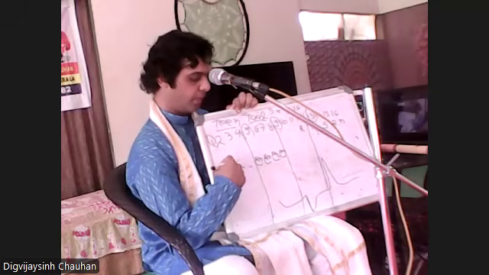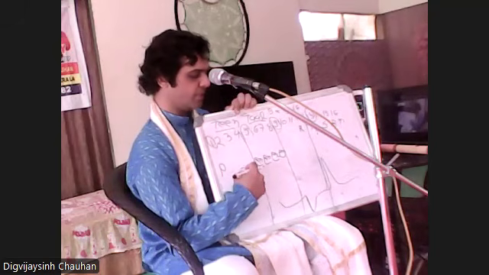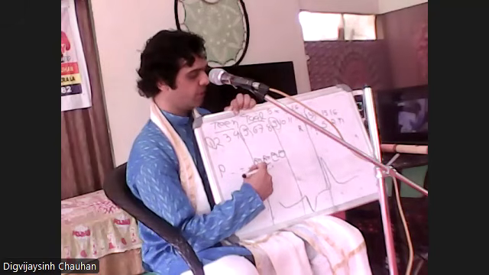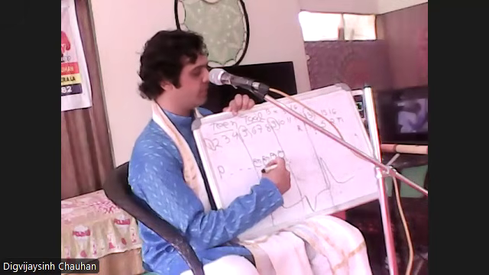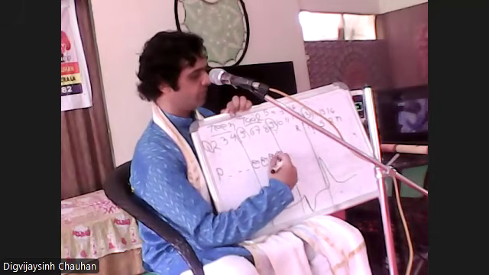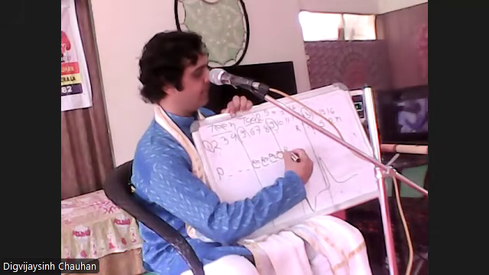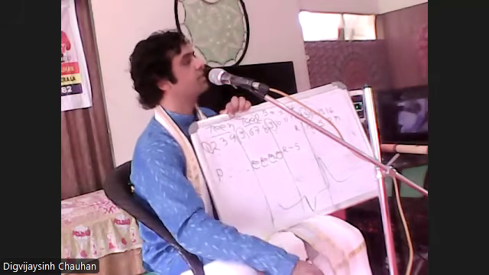So pa is extended further 3 beats, that is beat number 2, 3, 4. Beat number 5 is re ma, 6 is again re ma, 7 pa ni, 8 pa ma, 9 is re, 10 is extension, sa.